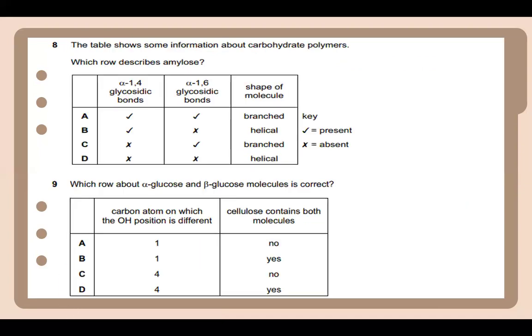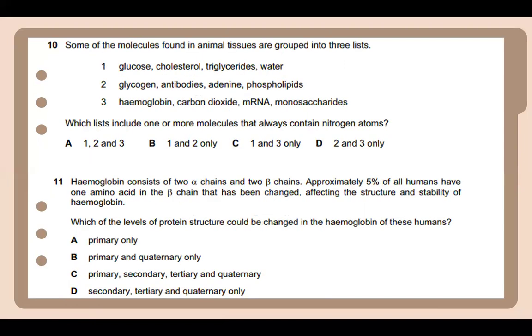The table shows some information about carbohydrate polymers. Which row describes amylose? The answer is B. And which row about the alpha glucose and beta glucose molecules is correct? The answer is A. Some of the molecules found in animal tissues are grouped into 3 lists.